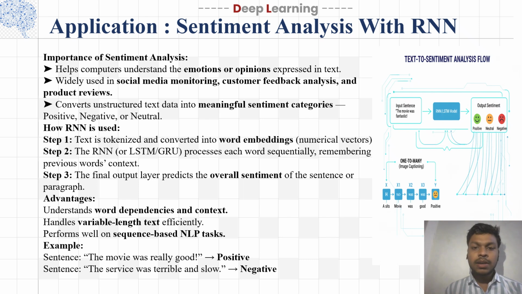At the end, it gives the final mood of the full line: positive, negative, or neutral. For example, "the movie was really good" gives a positive feeling, while "the service was slow and bad" gives a negative one. This way, the model learns emotion just like we do, using context and memory.